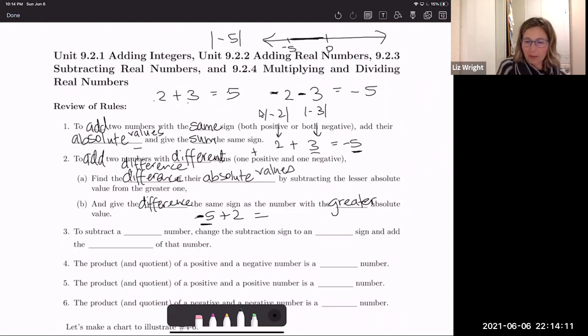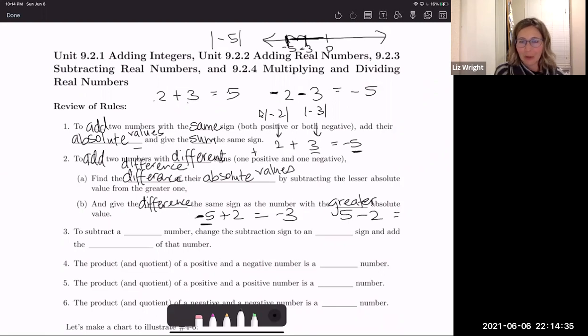And that makes sense, right? Because if you're at -5 and then you add 2, 1, 2, that gets me over here to -3. And so that's going to give me a -3. So that's what it's talking about. Conversely, you guys have done this one lots of times. So if we had 5 minus 2, we would say, okay, well, the absolute value of 5 is 5.